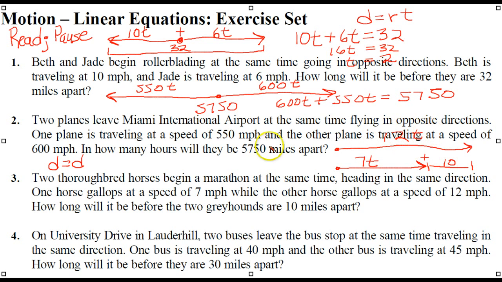So this is one distance that we'll set up as 12t. Now the other distance to be equal will be this distance, which is rate times time. But then to make the distance the same, I have to add just physically 10 miles.